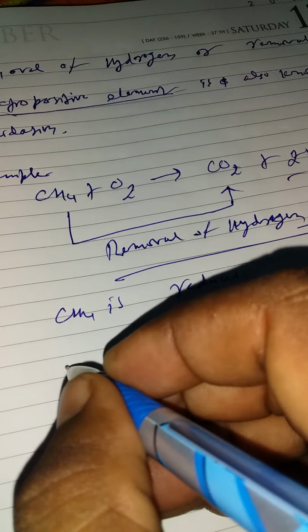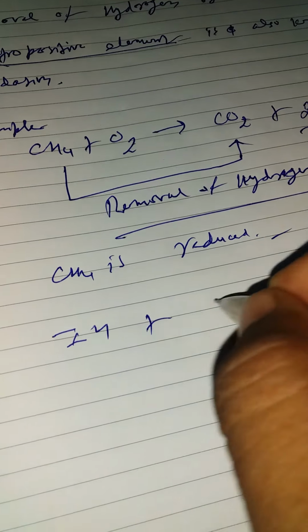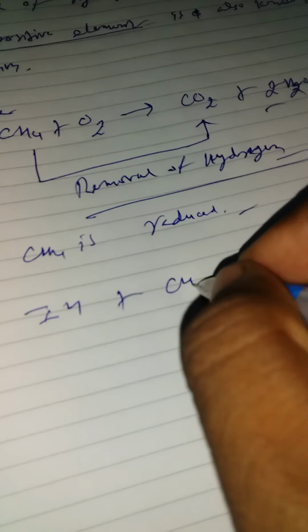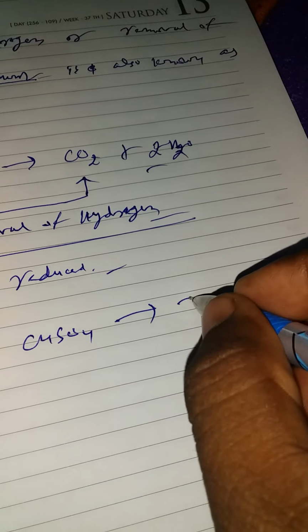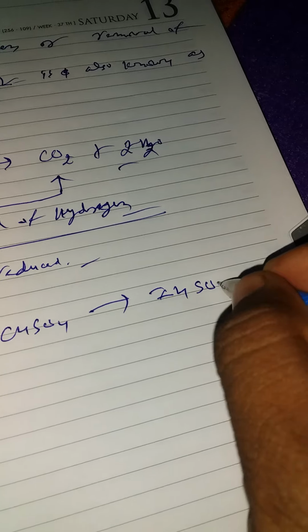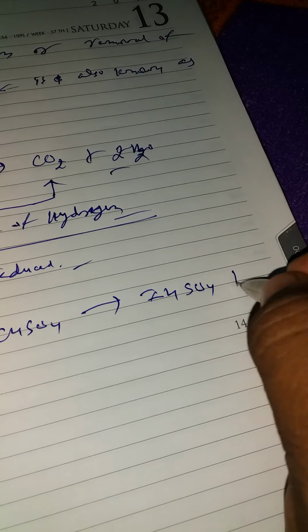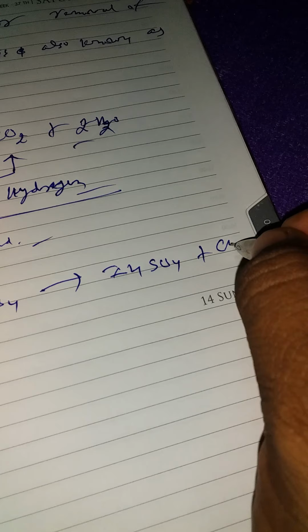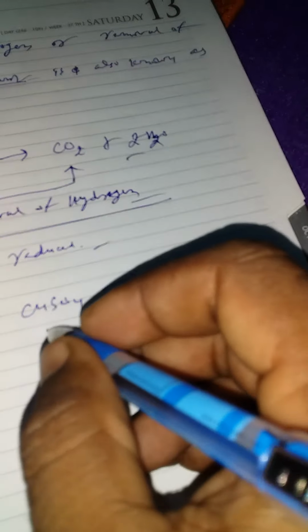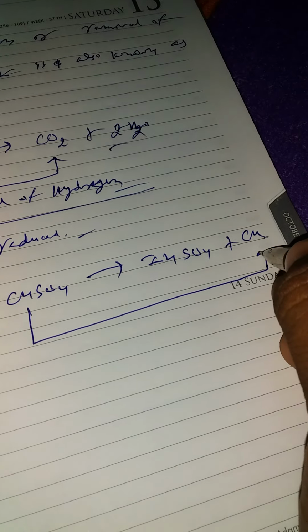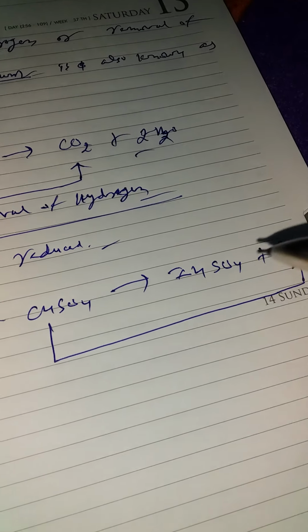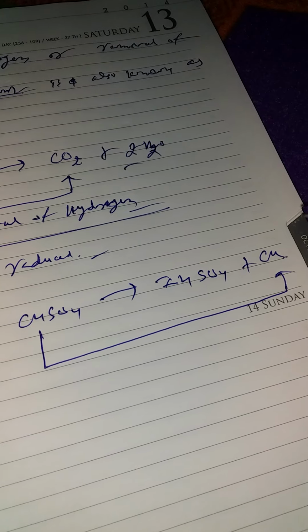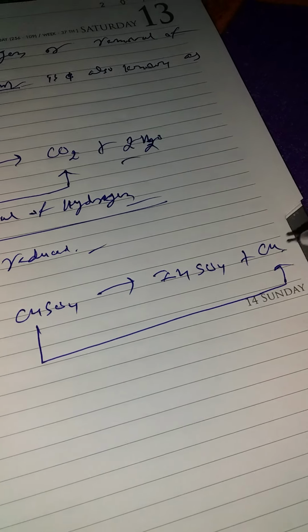In second example, Zn reacts with copper sulfate to form ZnSO4 plus Cu. CuSO4 converts into Cu and Zn forms ZnSO4.